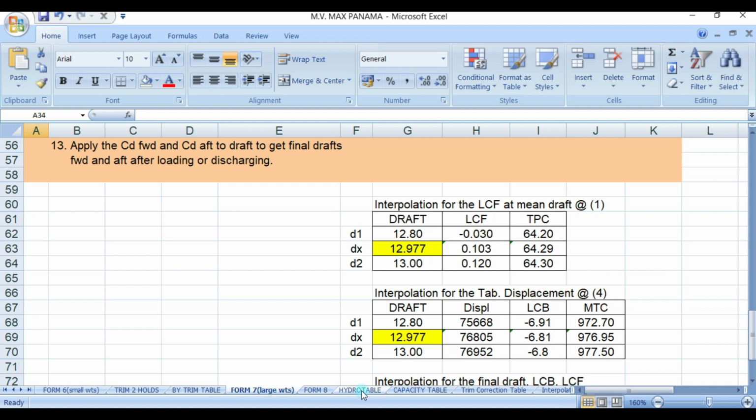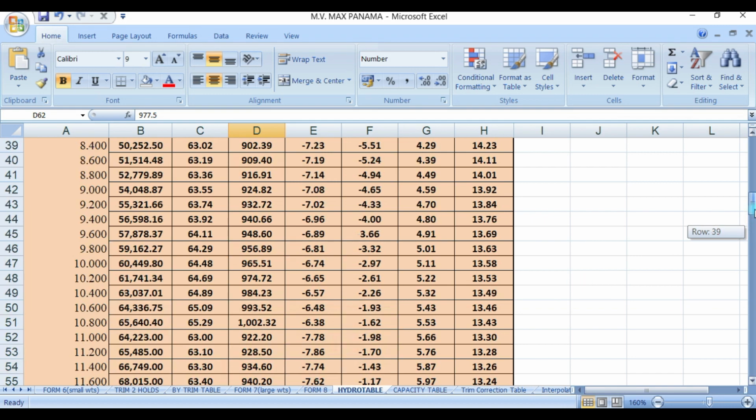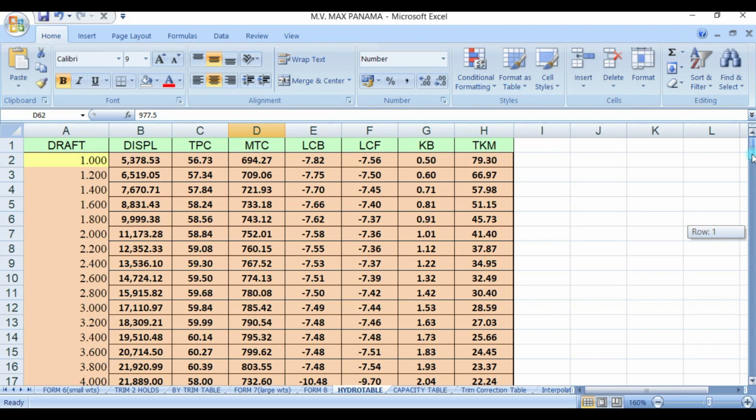Looking at the hydrostatic table, in between 12.8 and 13 meters, you will have to interpolate the value of the TPC, MTC, LCB, LCF, and displacement.